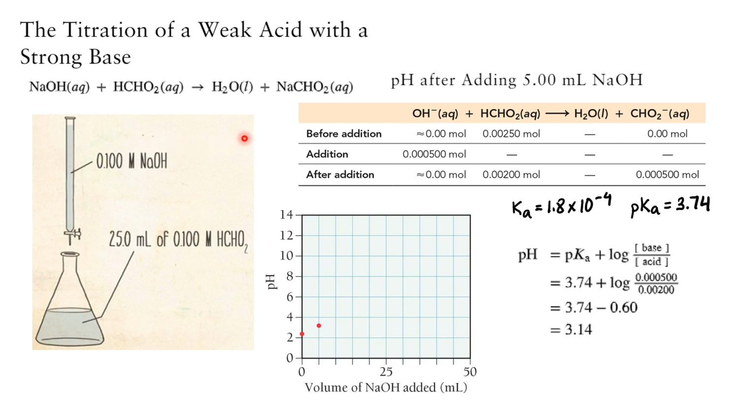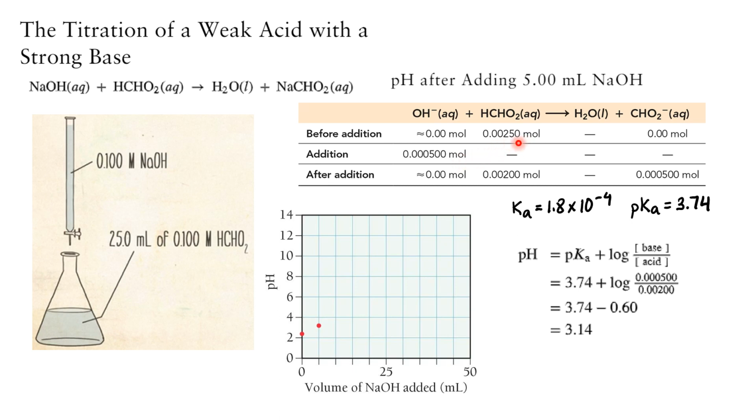The only way we can do that is to multiply this volume by our concentration. We've seen that math before, and we get that the OH- moles in 5 milliliters is 0.000500 moles. Initially, before addition, you didn't add any. After the addition, this is the amount of moles in 5 milliliters of NaOH. What do you think is going to happen?